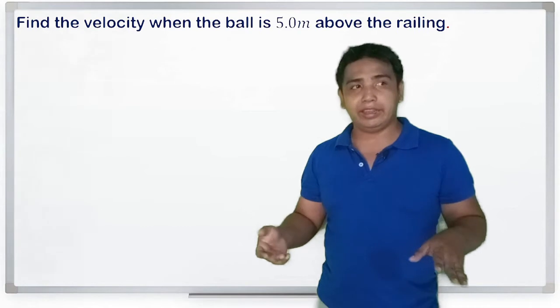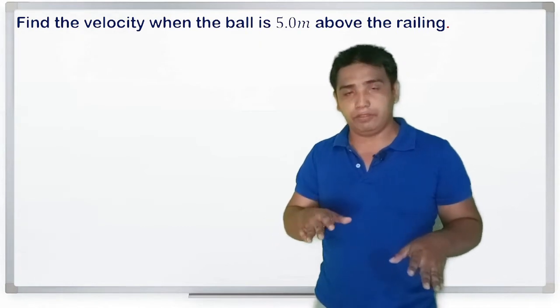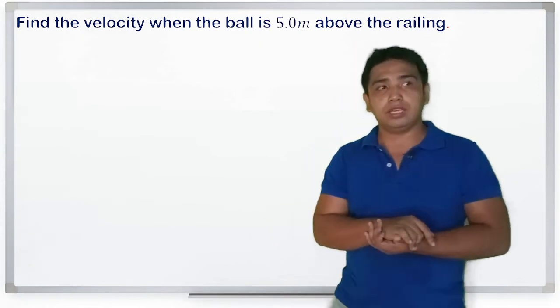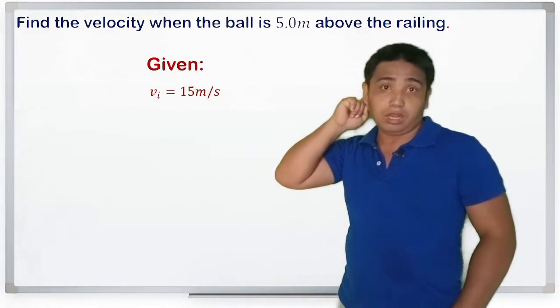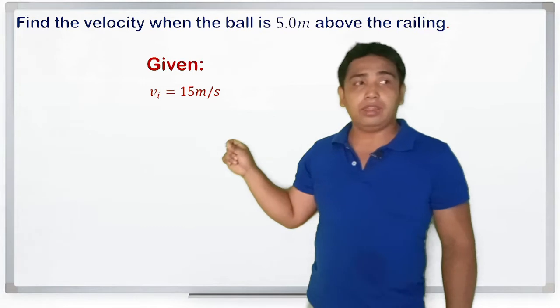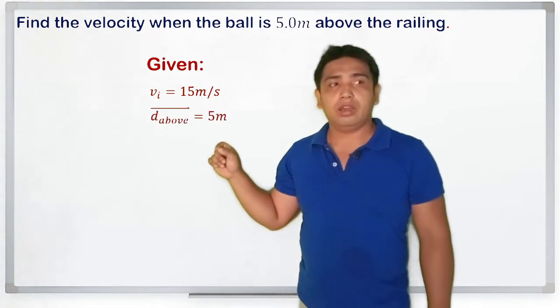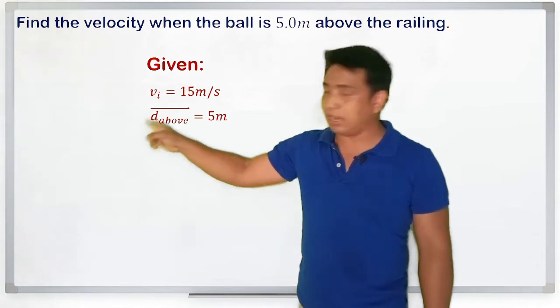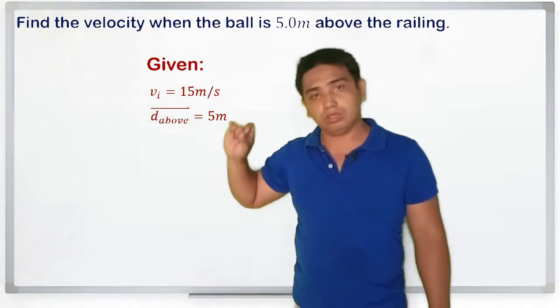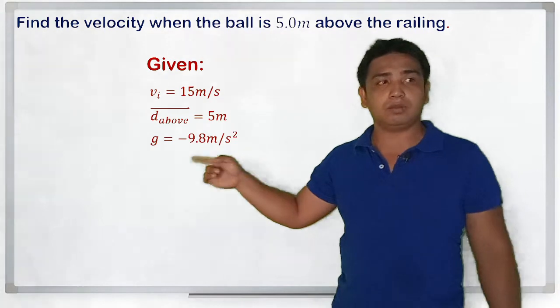So the next thing that we are asked to find is the velocity of the ball after it leaves your hand, when it is 5 meters above the railing. So here is our given. 15 meters per second is our initial velocity, and then the position at which we are asked to find the velocity of the ball, and that's 5 meters. And then the acceleration due to gravity is negative 9.8 meters per second squared.